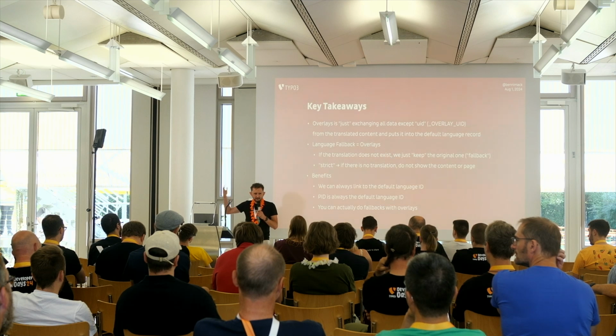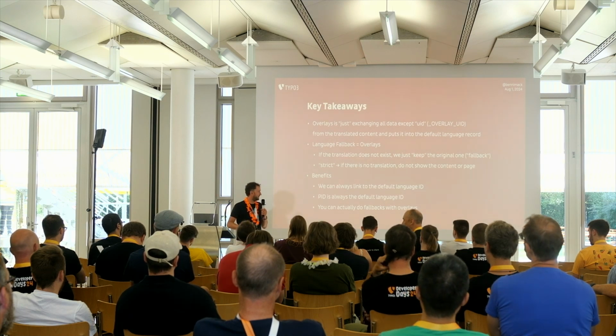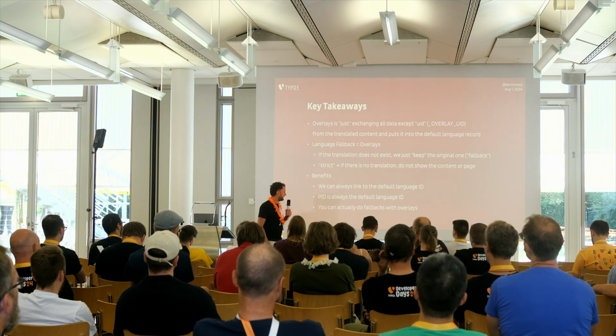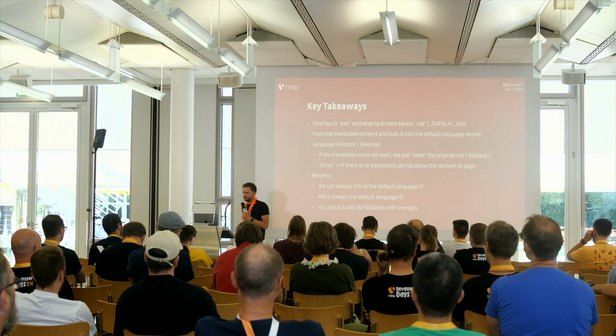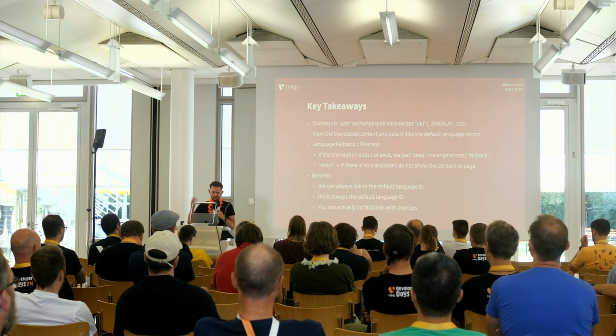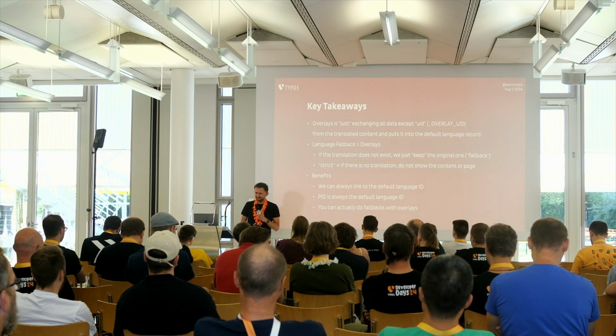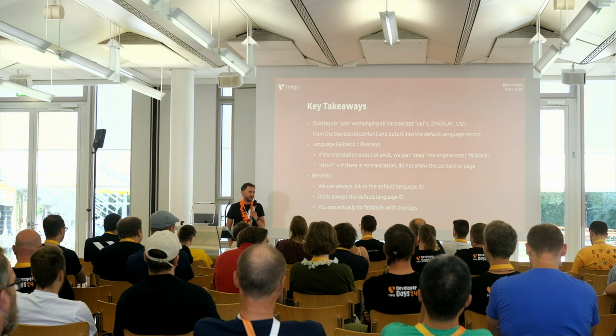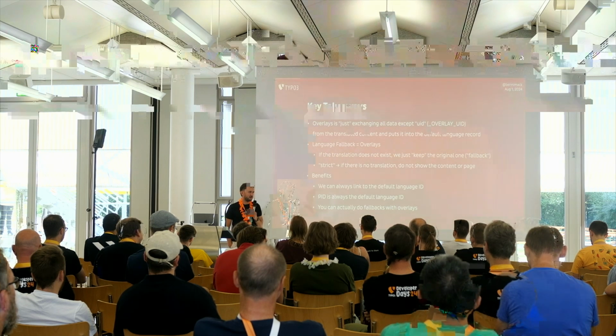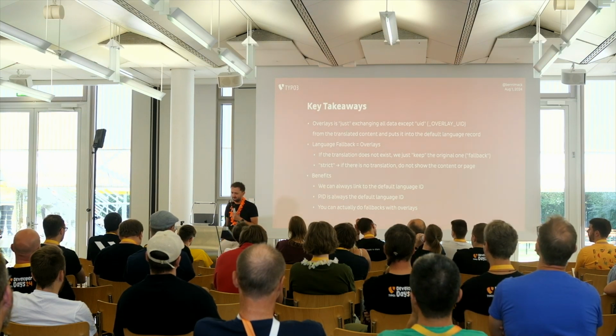They just want to see, give me the French stuff, and that's it. If it's not translated, it's not there. That's strict. And fallback is for the Swiss people. But that's a common one I've seen for a long time.